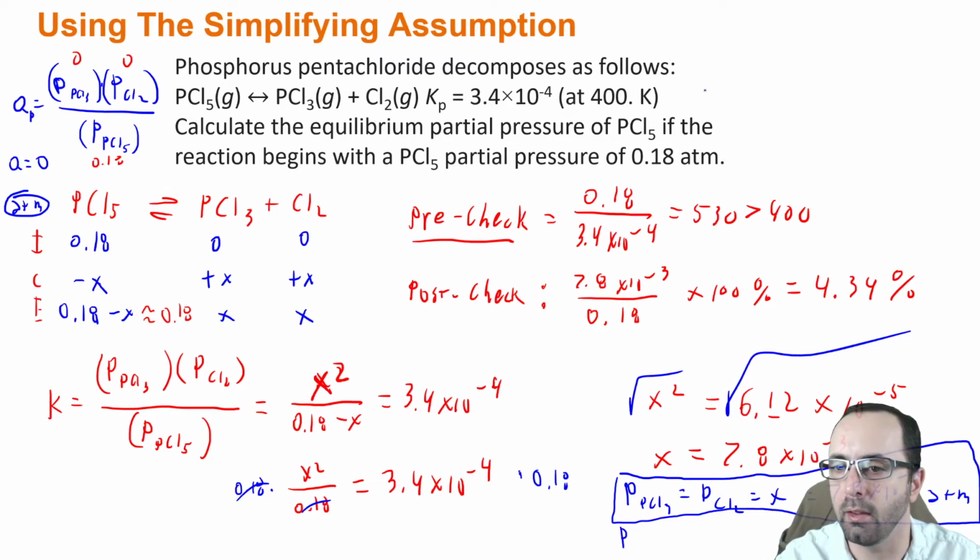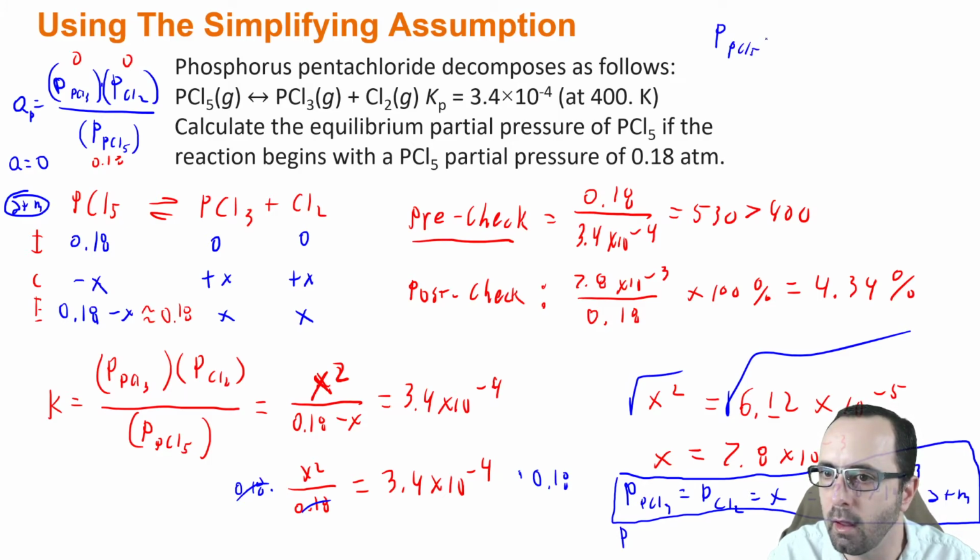I'll write the other answer up top so I don't write it behind my head. So the pressure of the PCl5 is going to be 0.18 minus x, so it's going to be 0.18 minus 7.8 times 10 to the minus 3.